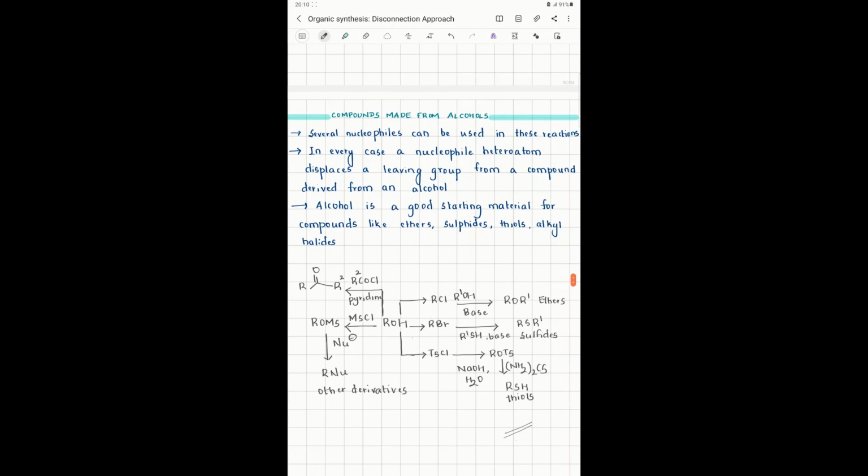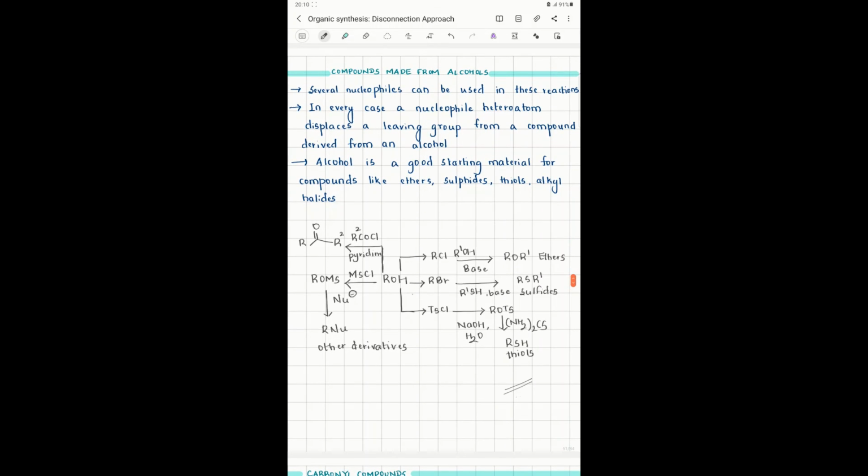The next category under the same one group disconnection would be compounds that are made from alcohols. Several nucleophiles can be used in these reactions. We can observe that alcohols are a very good reagent system where several nucleophiles can be used. In every case, a nucleophile heteroatom displaces a leaving group from a compound derived from the alcohol.